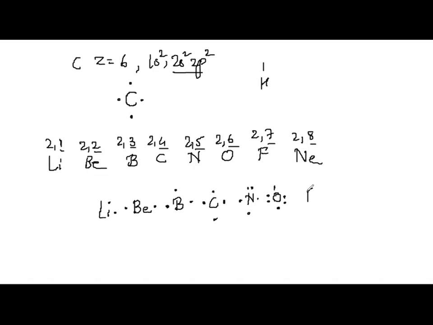Yes or no? Fluorine, 1, 2, 3, 4, 5, 6, 7. Is that right? Neon, 1, 2, 3, 4, 5, 6, 7, 8. So this is how we write the Lewis symbols.